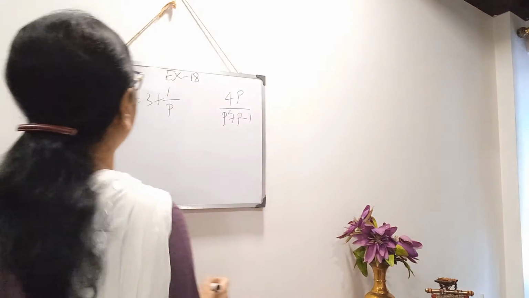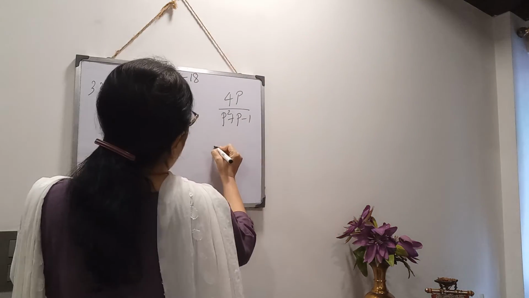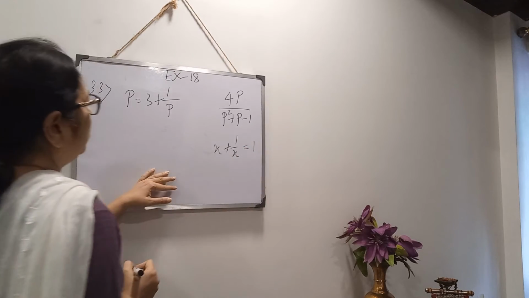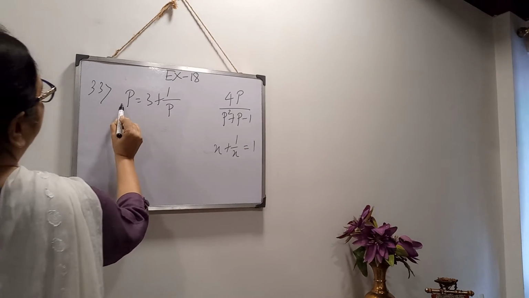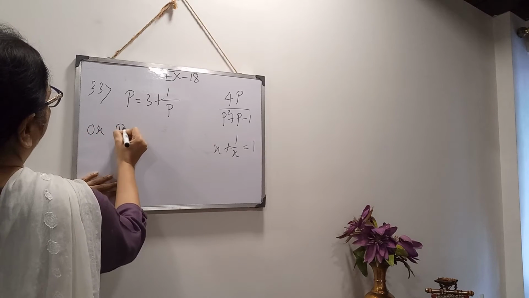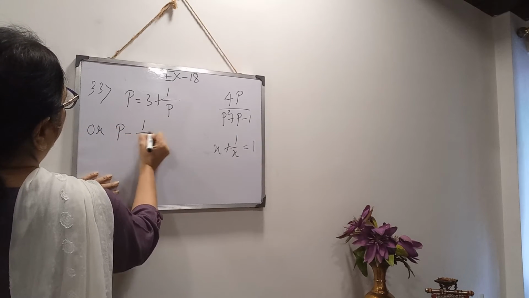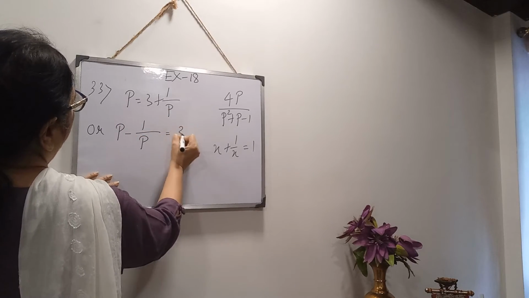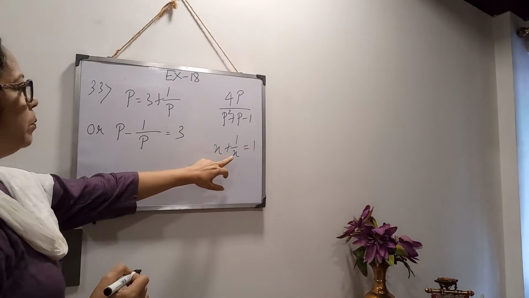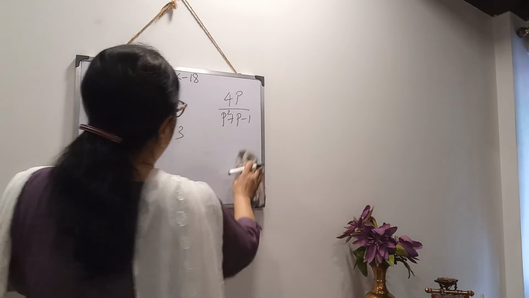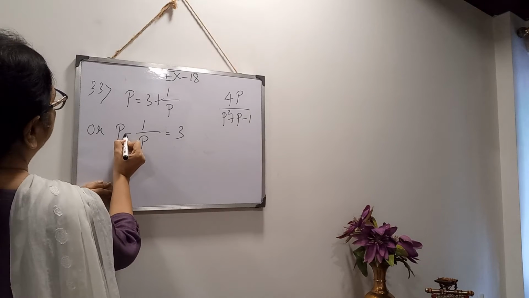In the previous sum you have seen x plus 1 by x equals 1. But here it is given p equals this. So what I will do, p related term I will bring to the left hand side. So it is becoming p minus 1 by p equals 3. Clear? Now this and this are the same type. Now you know what to do.